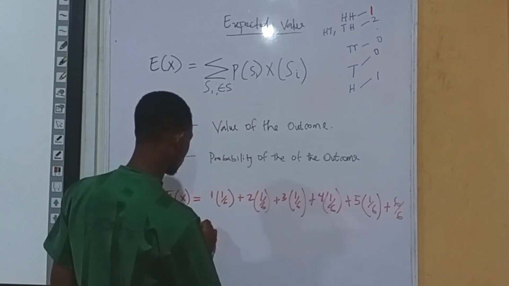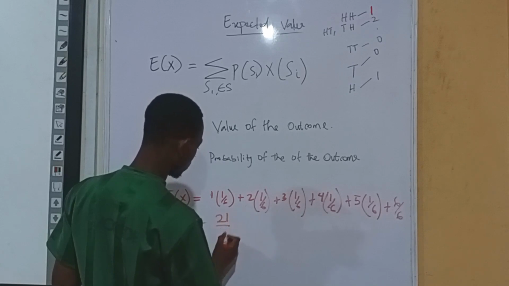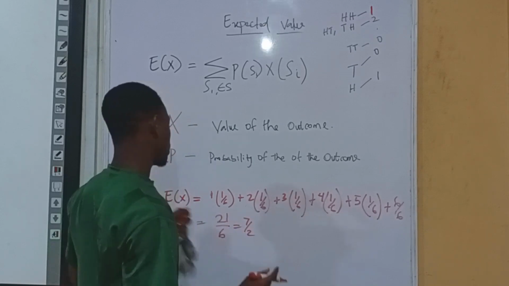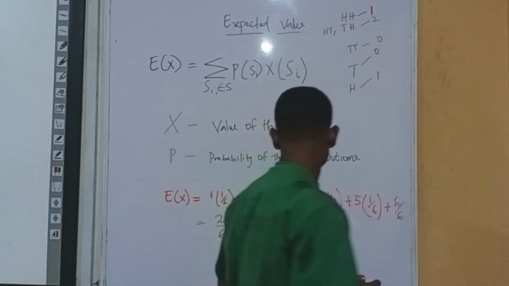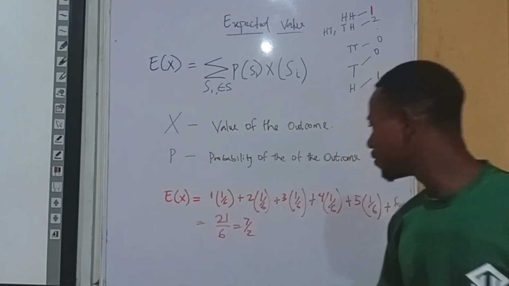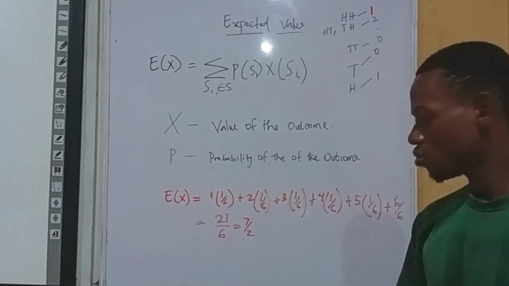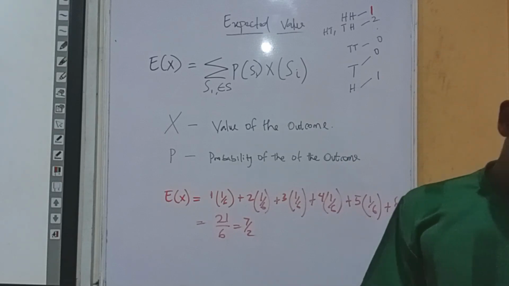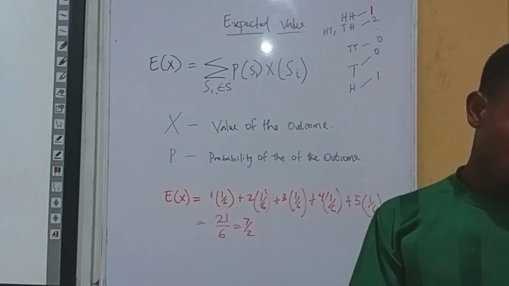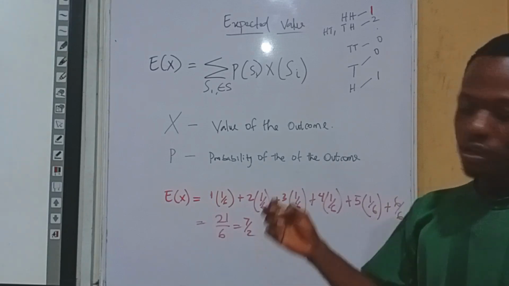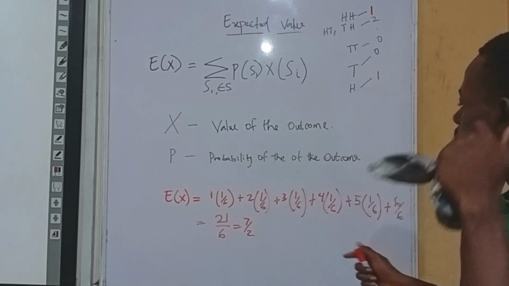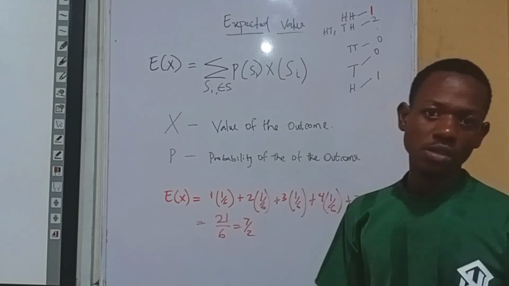Adding everything together gives us 21 divided by 6, which is 7 over 2. So the expected value for this is 7 divided by 2, which is 3.5. This is because each of the 6 possible outcomes, which are 1, 2, 3, 4, 5, 6, has a probability of 1 over 6.